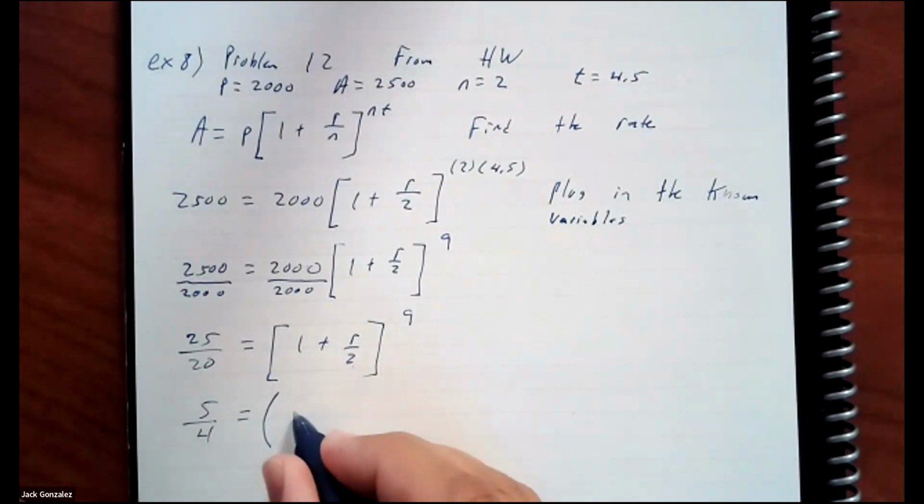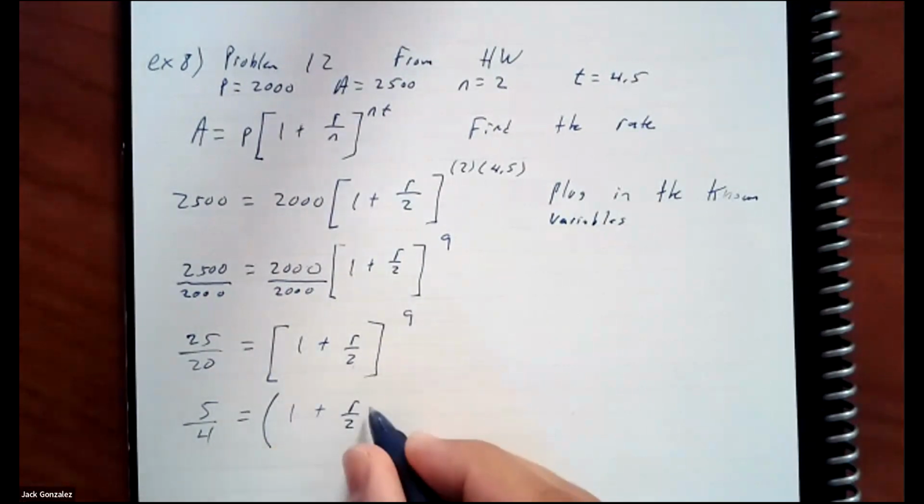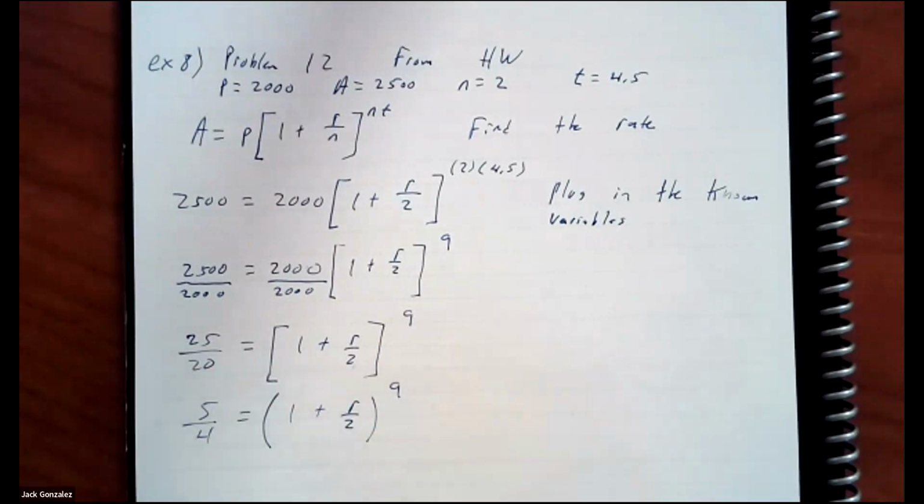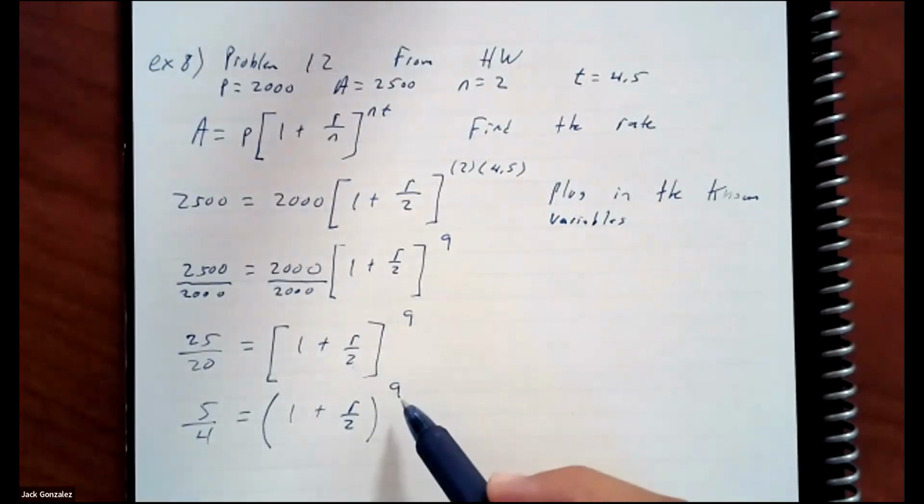So how would you get to that R? I think there's an easier way instead of logs. Just do a 9th root, both sides.